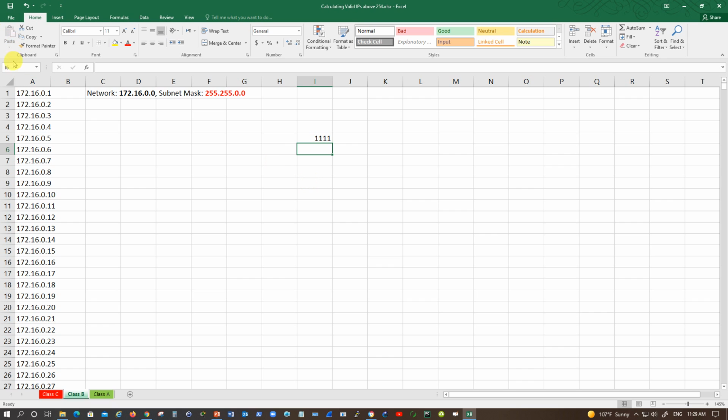So one method, if you have already prepared an Excel sheet for any class B network, is this. But it's difficult to carry everywhere, and you are dependent on a computer to open the file, or at least you have to copy it to your smartphone and then open that and try to search for it. It's really difficult to figure out, but I'm showing you this is one of the methods you can use.